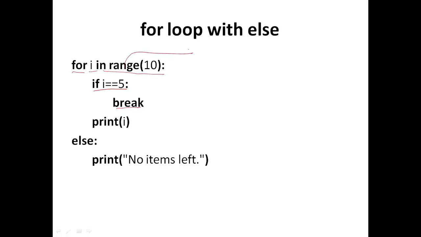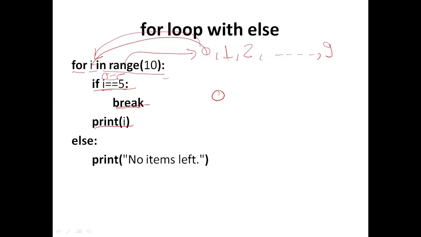So this range function will generate a sequence of integers from 0 to 9, that is 10 elements, and one by one each element is assigned to this variable I. And when this variable is equal to 5, we will break the for loop. So we will get the output first as 0 because 0 is assigned to this variable I and 0 is not equal to 5. So we will print this variable, that means 0 is printed.